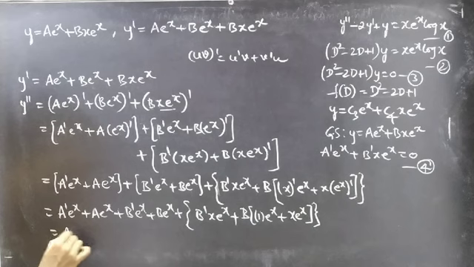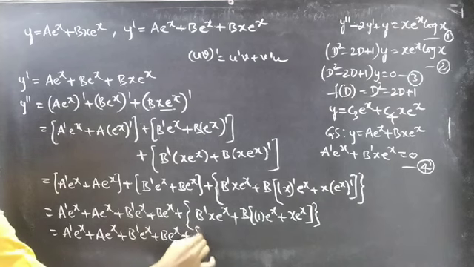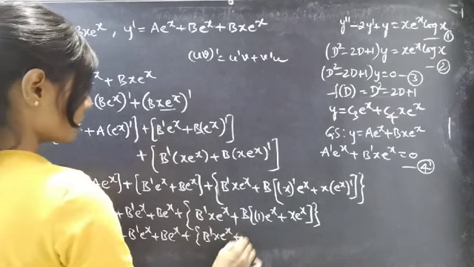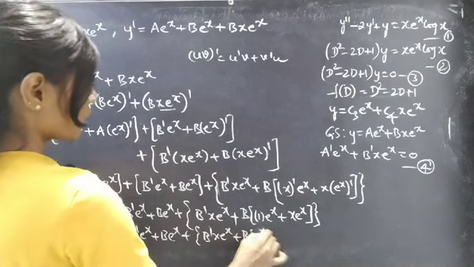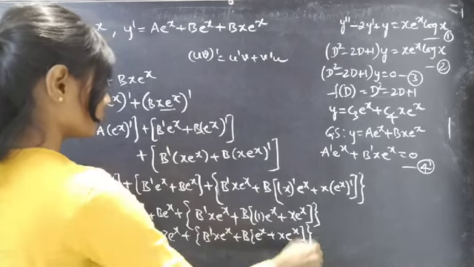It gives us a dash e power x plus a e power x plus b dash e power x plus b e power x plus b dash x e power x plus b times 1 into e power x is e power x plus x e power x. Right?